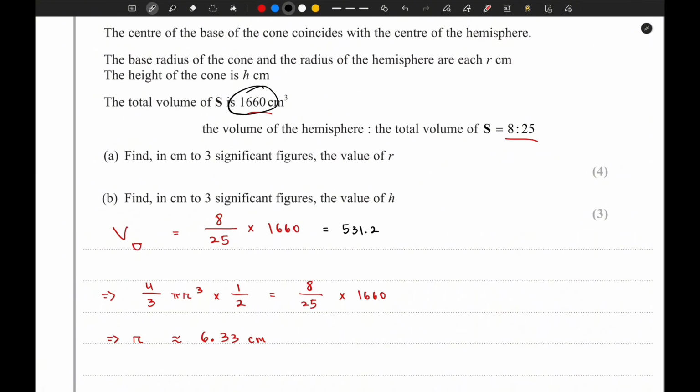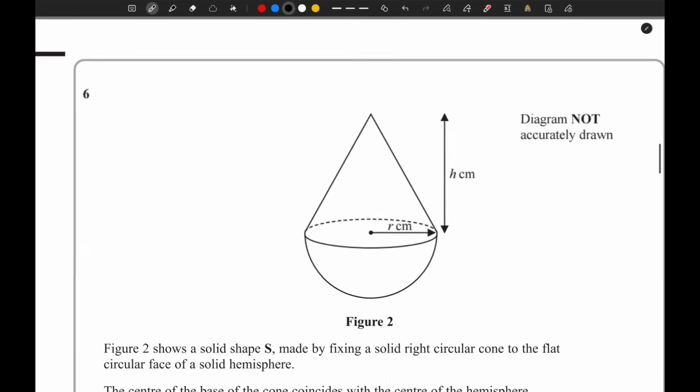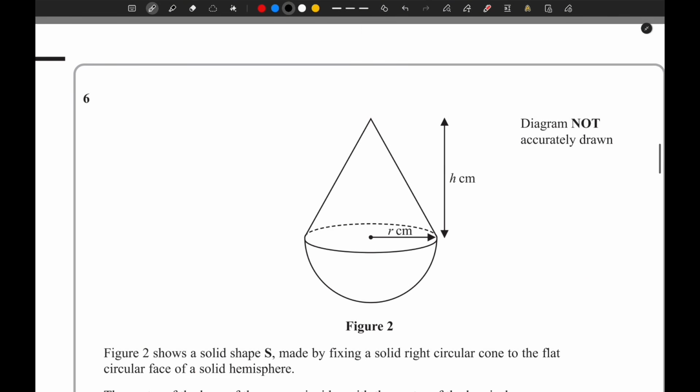So if I subtract 531.2 from 1660, I will get the volume of the cone, which is 1128.8 centimeters cubed.